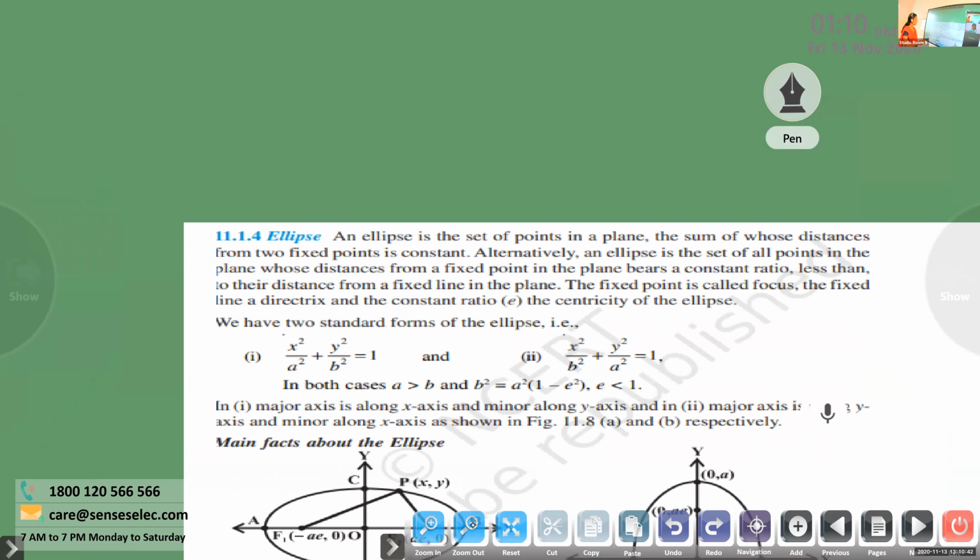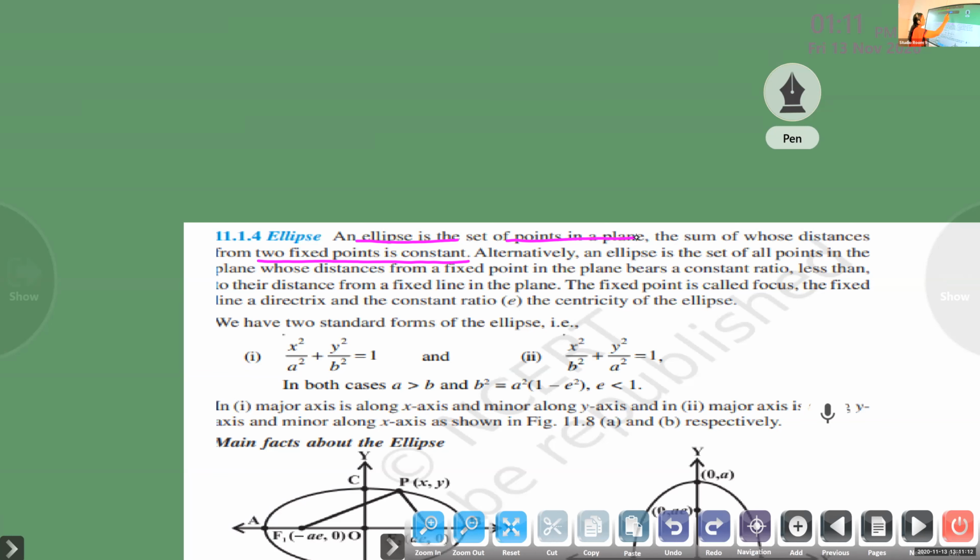An ellipse is a set of points in a plane, the sum of whose distances from two fixed points is constant. For parabola, we had one fixed point. Here for ellipse, what is given? We take those points in a plane, the sum of whose distances from two fixed points is constant.